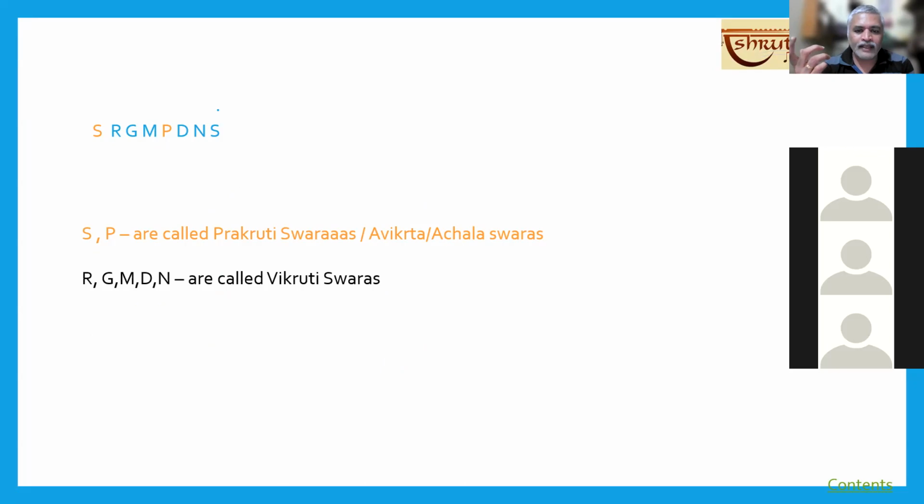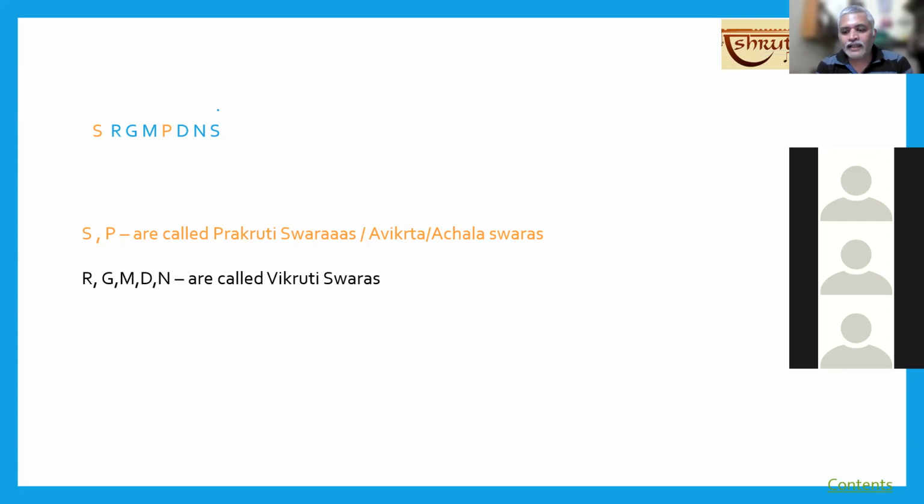They came out very naturally. It is also called Avikruta, which means they don't distort. They are Achala, they don't move. They are not distorted swaras, they cannot be distorted, and they don't move from their swara sthanas, from their places. That is why they are called natural swaras.